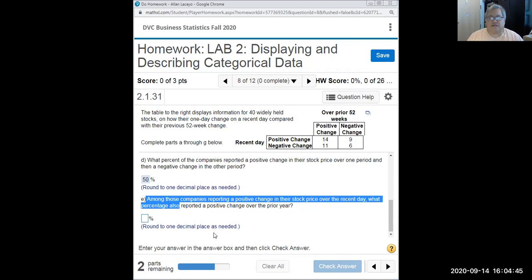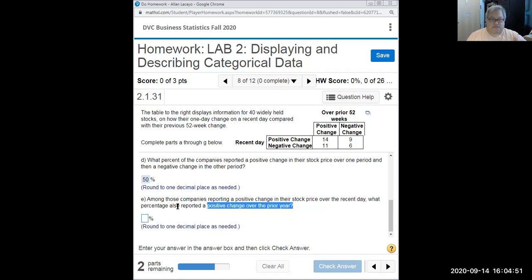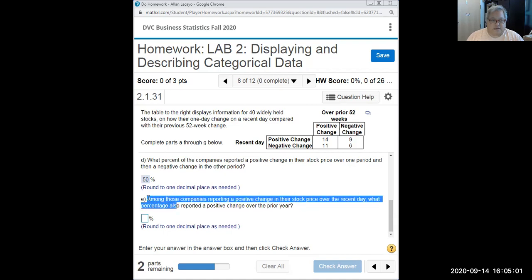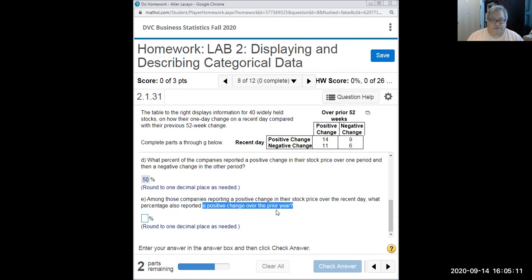So the benchmark is very complicated, and then the object is very simple. In this case, it's the reverse of what happened in parts C and B of this question. The verb tells us that the kind of companies we're looking at is only a subset of all 40, and I'm only interested in the ones that had a positive change in the prior year, because that's what comes after the verb.